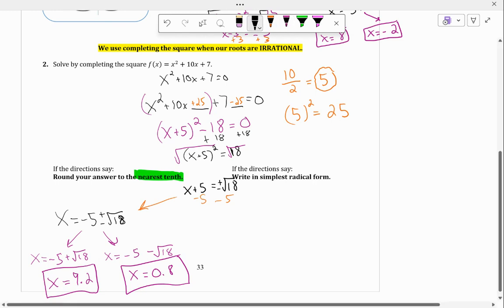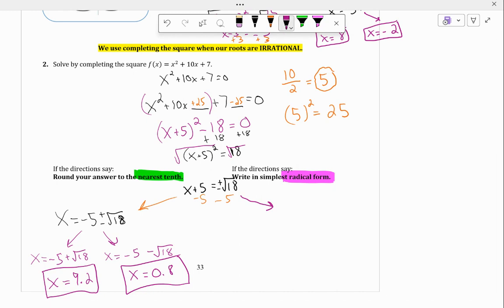All right, how about if we go the other direction, right? What if we want it in simplest radical form? That means we have to leave it in a square root, but we have to simplify it. So again, we have x equals negative 5 plus minus square root 18. Notice you need to look for a perfect square. And in here, if you do 9 times 2, 9 is a perfect square.